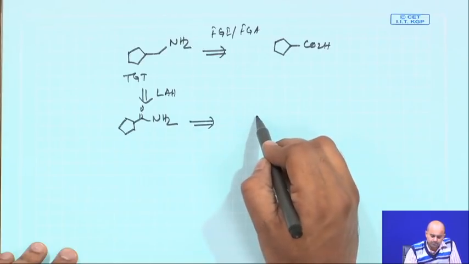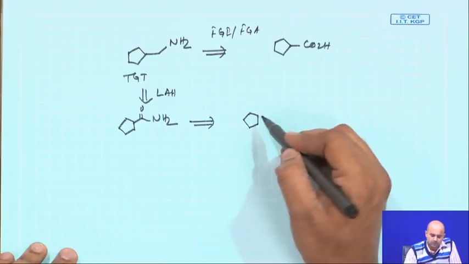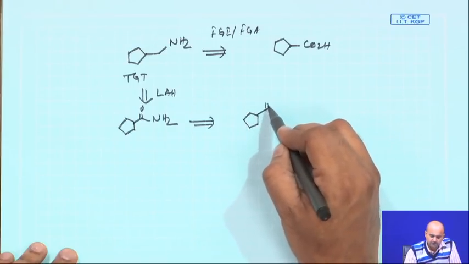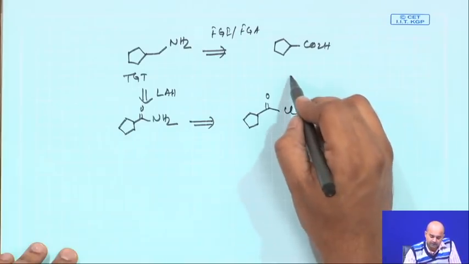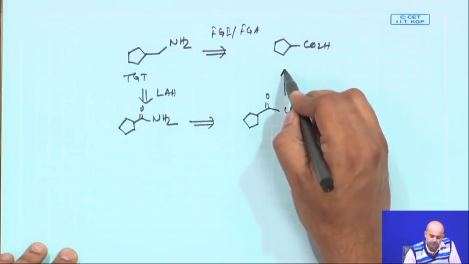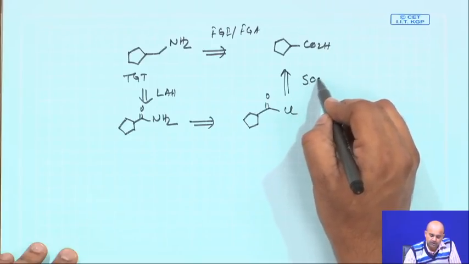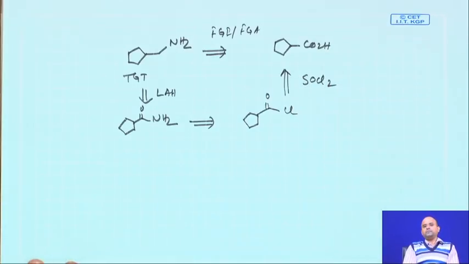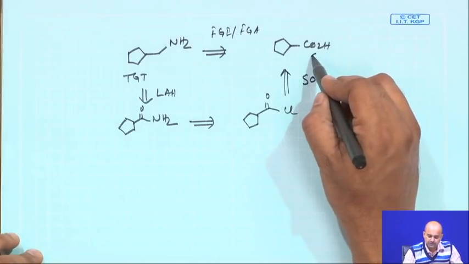This is a very conventional, straightforward pathway. The amide can easily be prepared from the corresponding acid chloride, and the acid chloride can easily be prepared from the corresponding acid by using simple thionyl chloride.